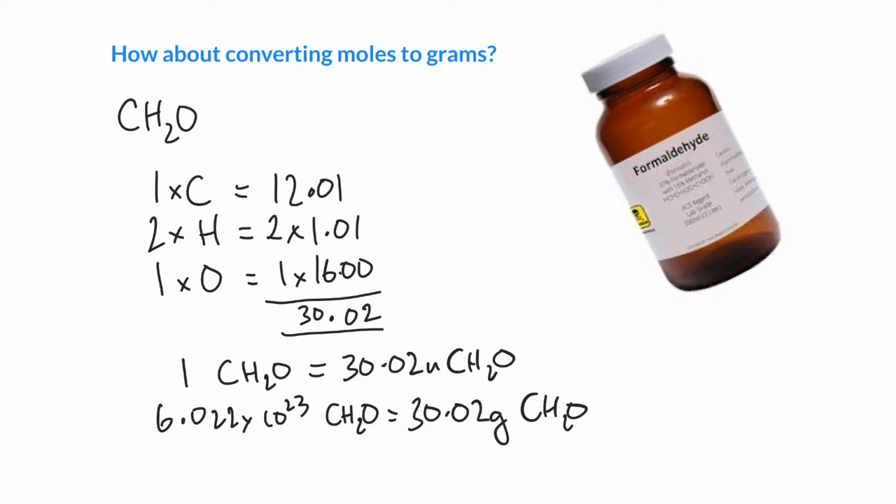And, oh, that's okay, I suppose. But of course, 6 times 10 to the 23 is our friend the mole. So 1 mole of CH2O would weigh 30.02 grams of CH2O. If we want to convert grams to moles, that seems like the kind of conversion factor we might need.